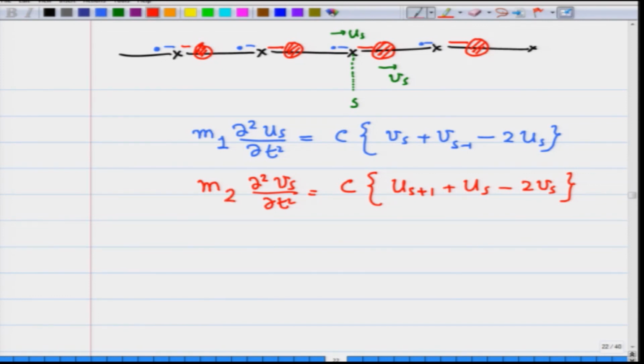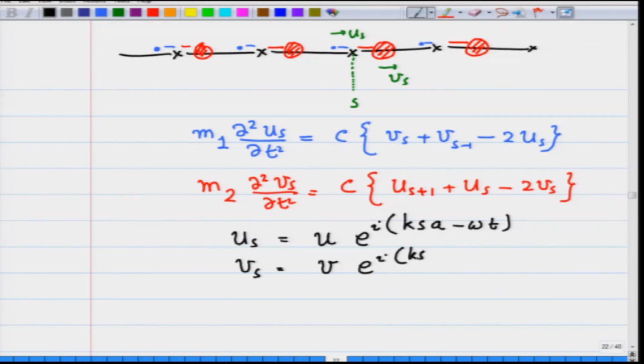These two atoms of different masses follow this equation, considering only nearest neighbor interaction, and now we again assume solutions like U s is equal to some amplitude u e raised to I k s a minus omega t, and V s is equal to some amplitude v e raised to I k s a minus omega t. This is a wave like solution that we considered for one atom basis, and we substitute these in the equations.